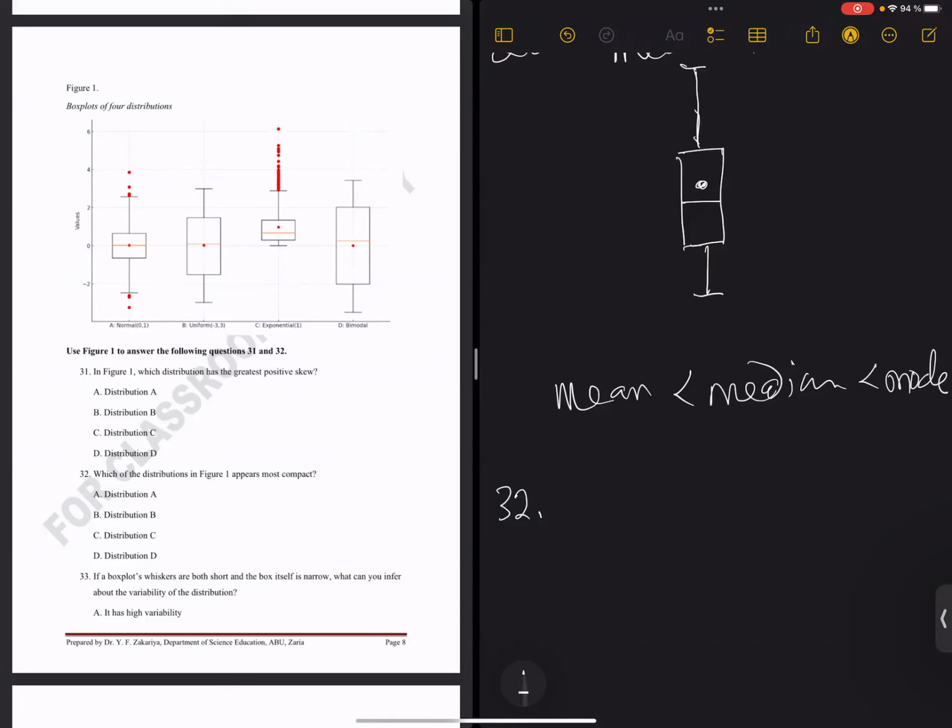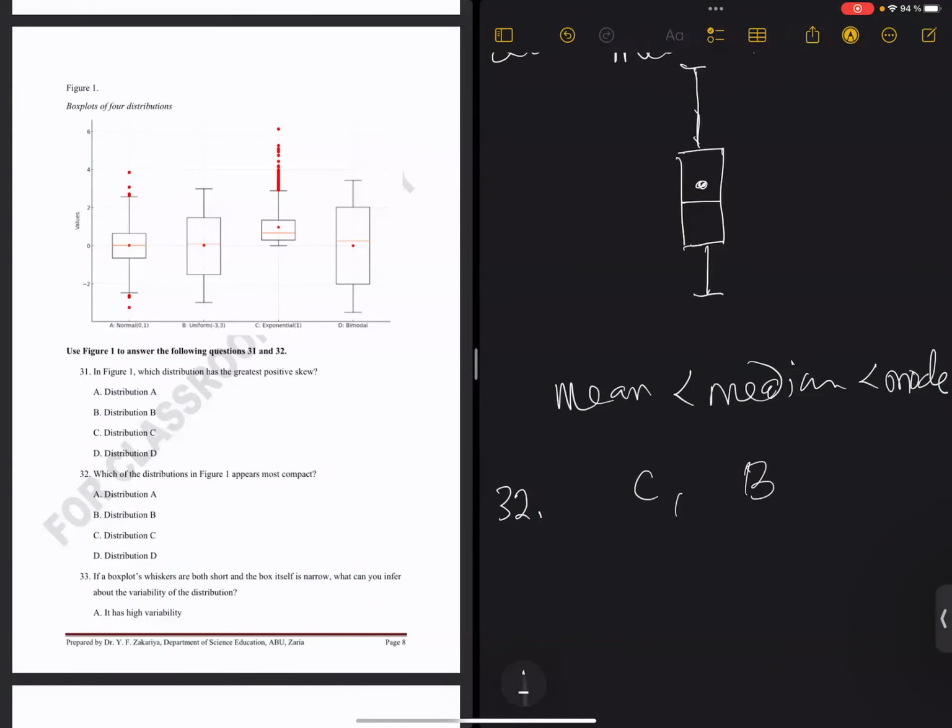You go for C. The most compact is C. C for cat. Okay, any contrary opinion? Somebody say B for boy, B for ball. I go for C, sir.